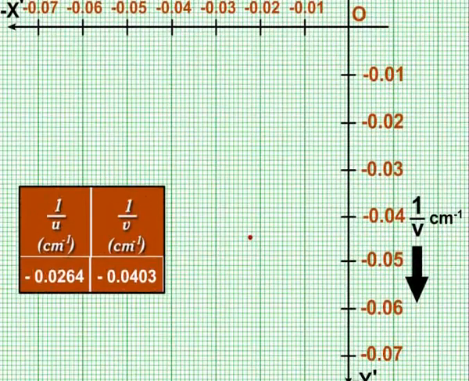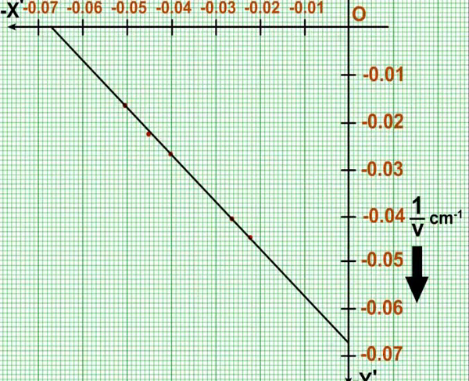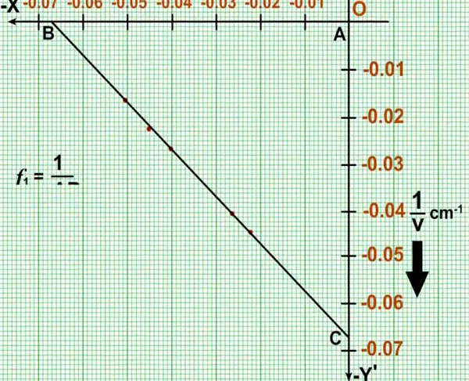Mark the corresponding points. Joining them gives a straight line intersecting the axes at points B and C respectively.